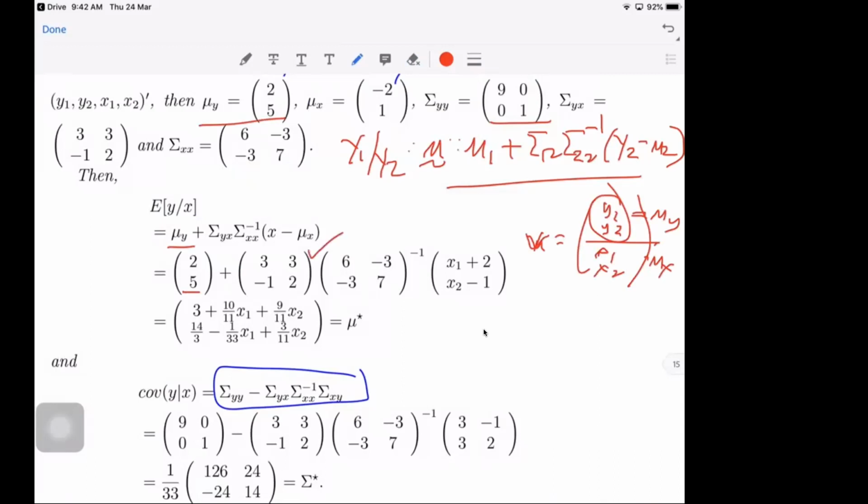So this is your sigma yx, sigma xx inverse, and then you have this vector here. That is y2 minus mu2, or equivalently in our notation, x minus mu x.